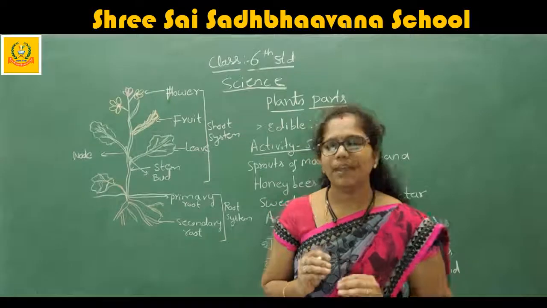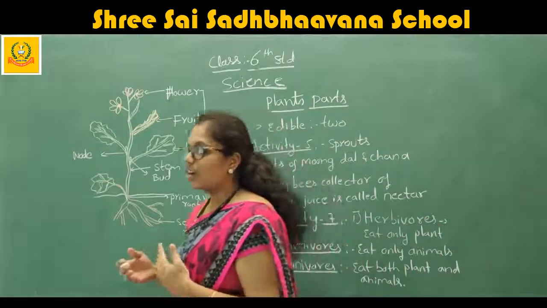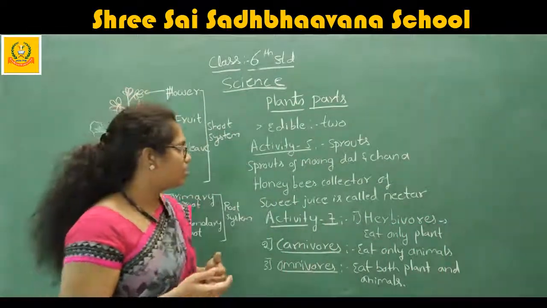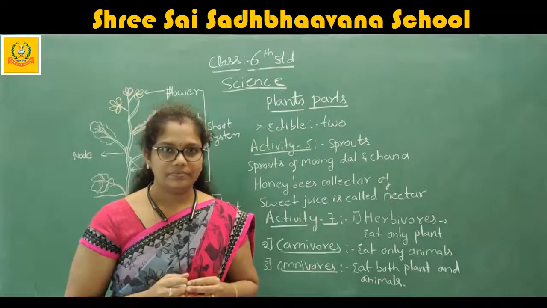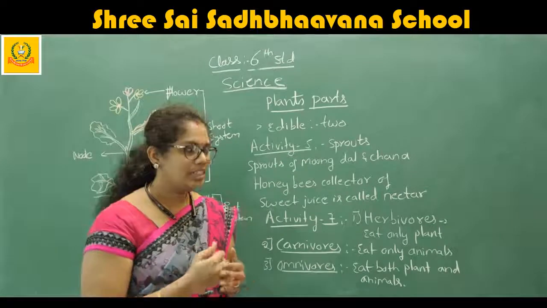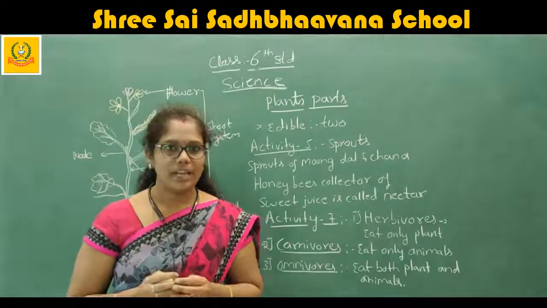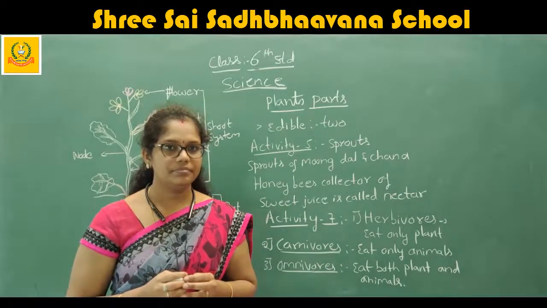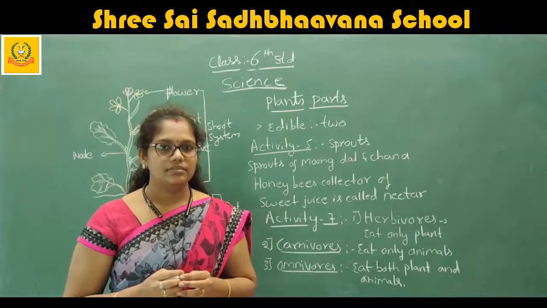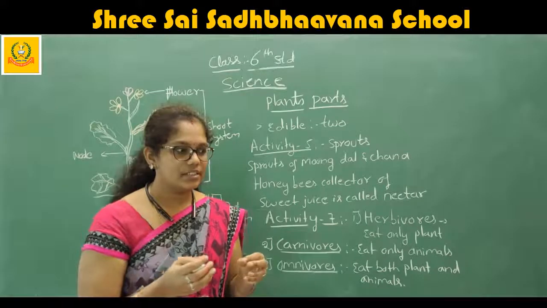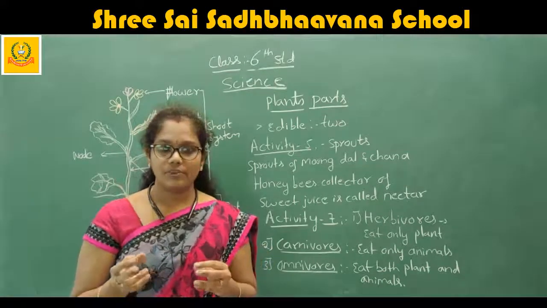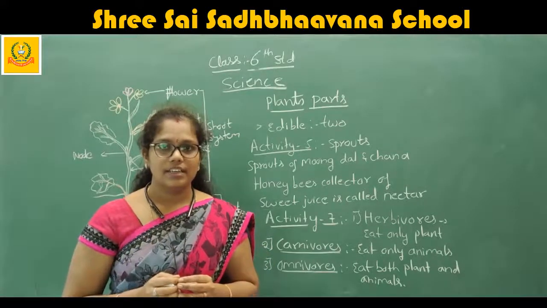In plants, one or two parts present in the plant are considered edible. Can you tell some of the edible parts of some plants? Can you guess some of the important parts we eat from plants?